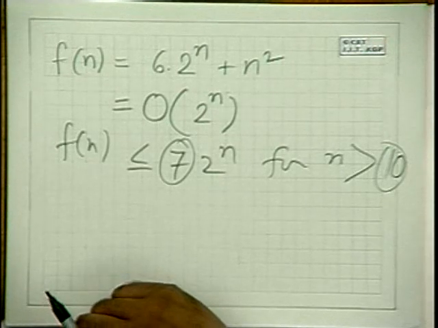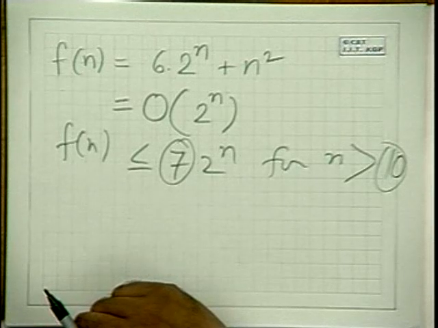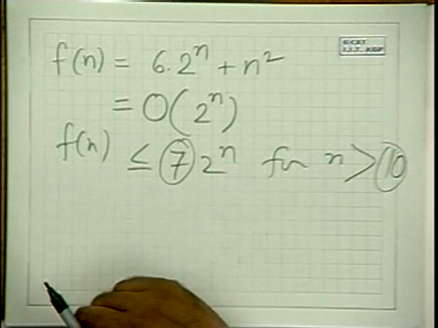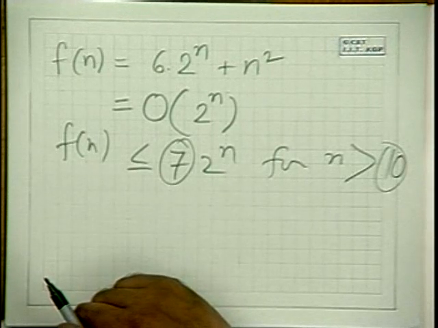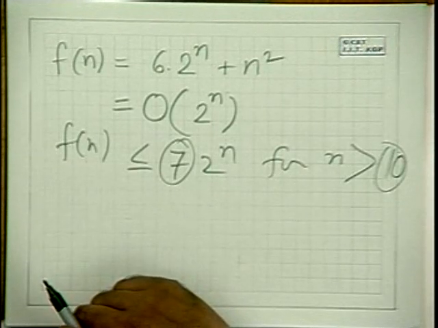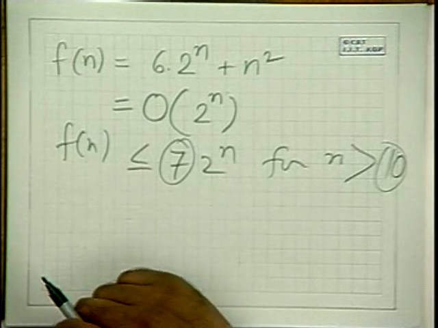No, 2 to the power n is not less than n square. What is 2 to the power 5? 32. What is n square? 25. If you plot the graph of 2 to the power n and n square, you will see 2 to the power n will grow like anything.